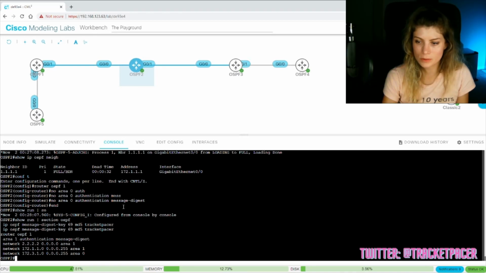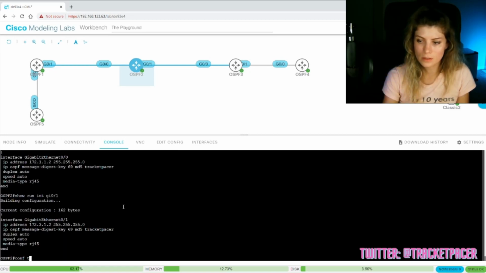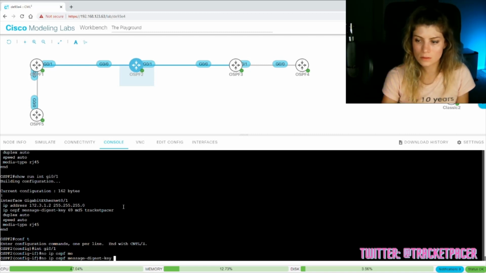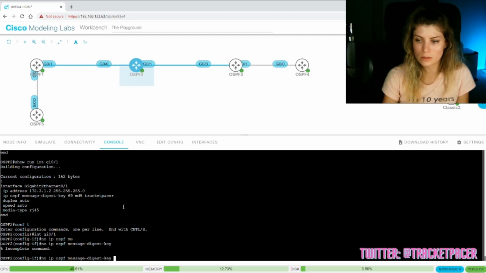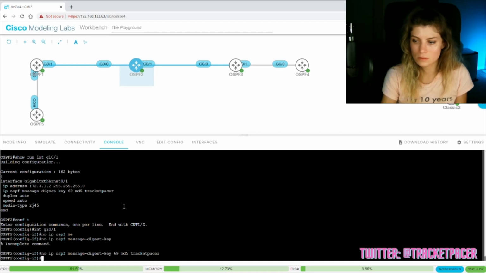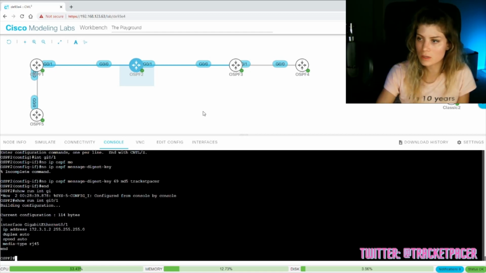I have 2. Make sure it's not on 0/1. Yeah, okay. Do that. Oh, come on. All right, now we don't have to deal with authentication in area 0. Okay. Getting back to it.